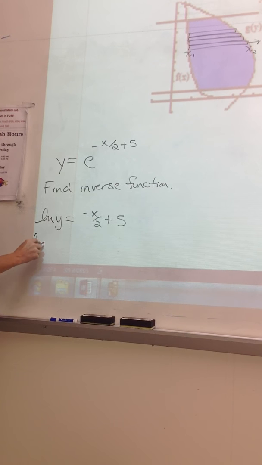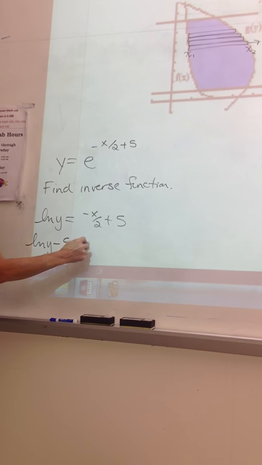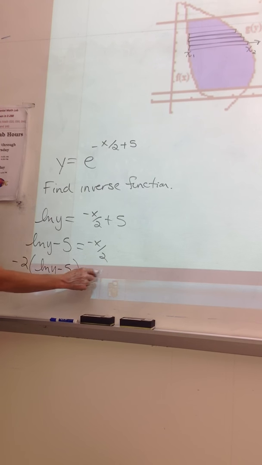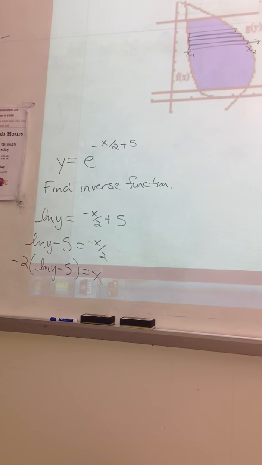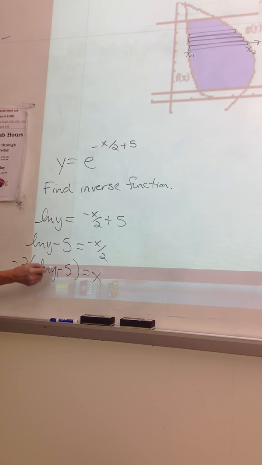And then I will subtract 5. And then I will multiply that by -2. And that gives me x all by itself. Technically, I should have absolute value signs here, but my y's are all positive, so I don't have to worry about that.